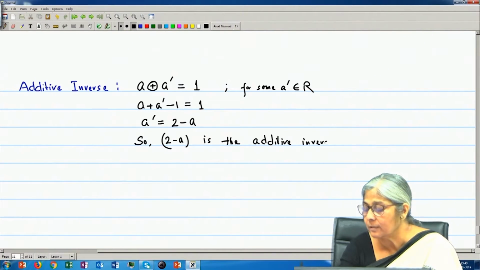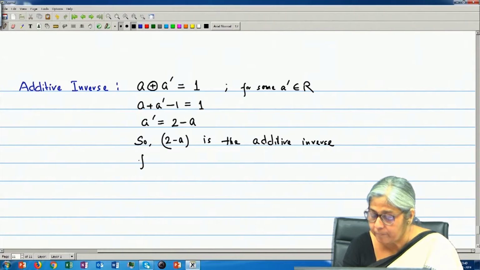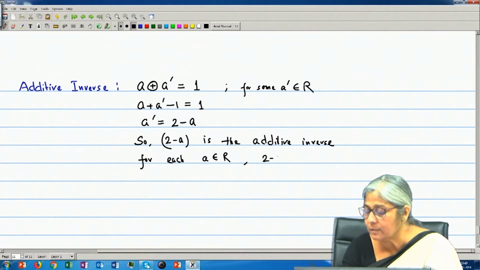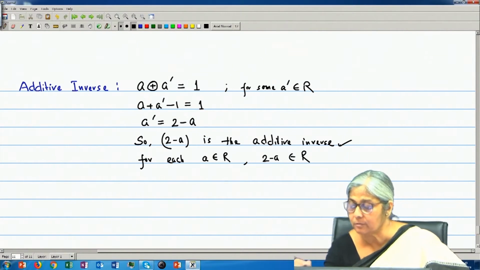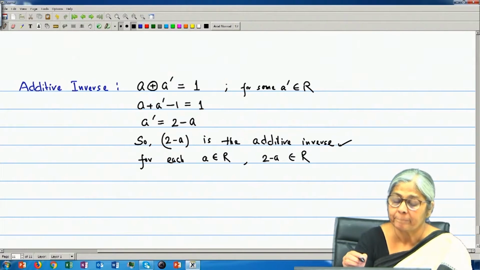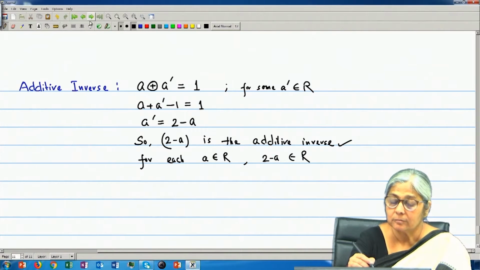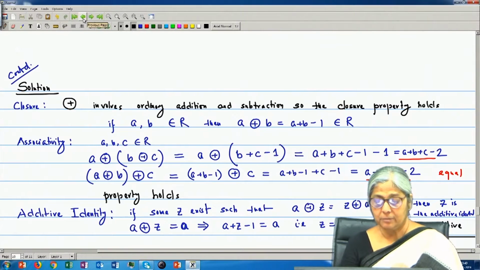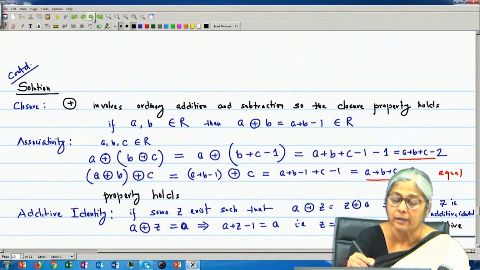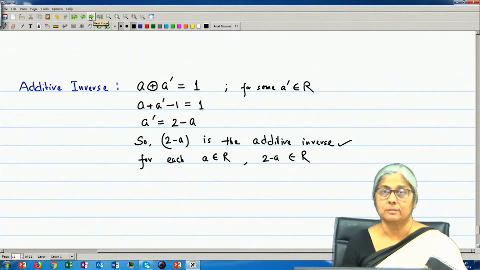Obviously, for each A belonging to R, 2 minus A belongs to R and it exists. So, the additive inverse also exists. So, we have seen the closure, associativity, additive identity, and additive inverse.